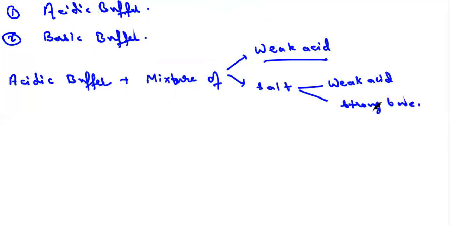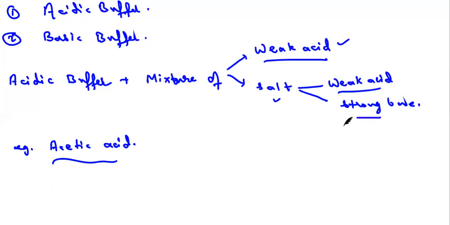So can you tell me one example of that? Sure. Let me finish writing that. Acetic acid: is it a weak acid or a weak base? It's a weak acid. Yes. So I have taken the weak acid. Now I have to take a salt, and the salt should be made up of a weak acid and a strong base, right? So can I take CH3COONa, sodium acetate? Why?